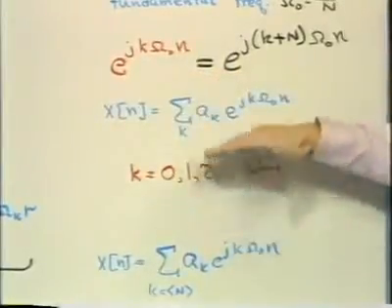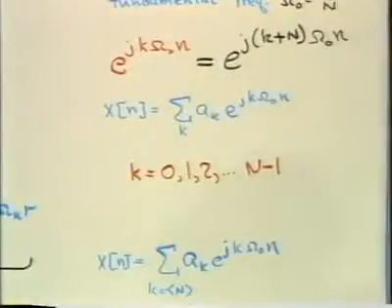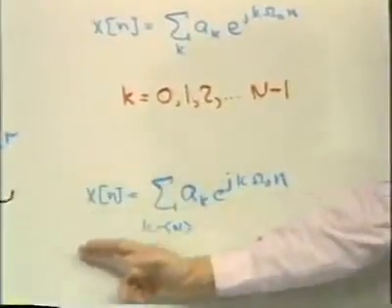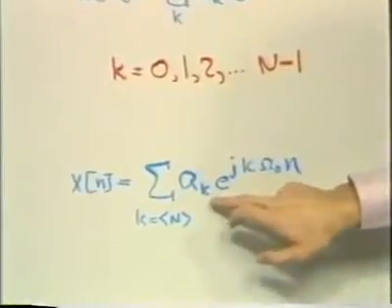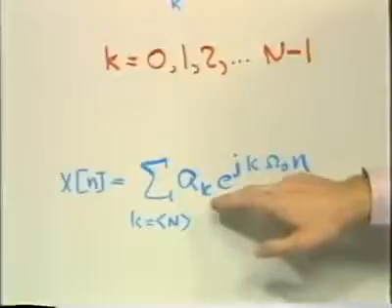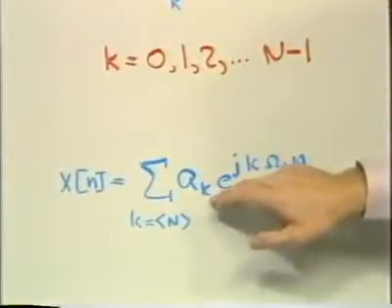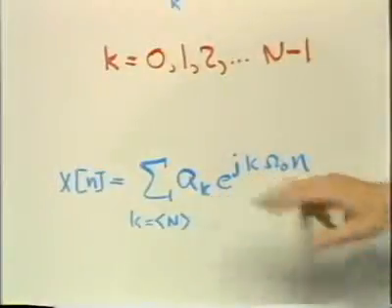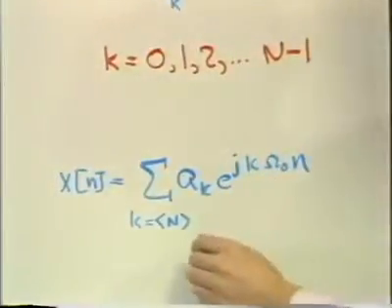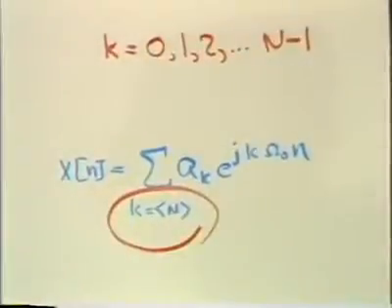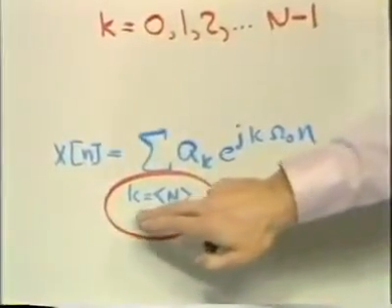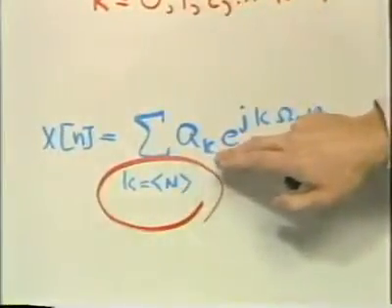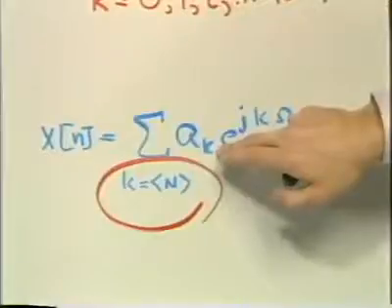So in place of this expression, it will be common in writing the Fourier series expression to write it as I've indicated here, where the implication is that these Fourier coefficients periodically repeat as k continues outside the interval from 0 to N minus 1. This notation says that we're going to use k ranging over one period of this periodic sequence, which is the Fourier series coefficients.